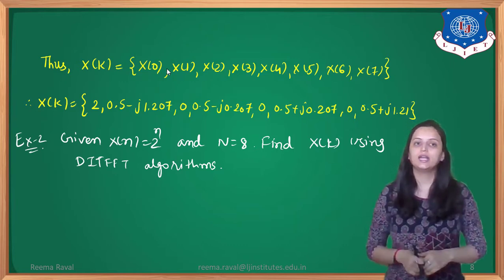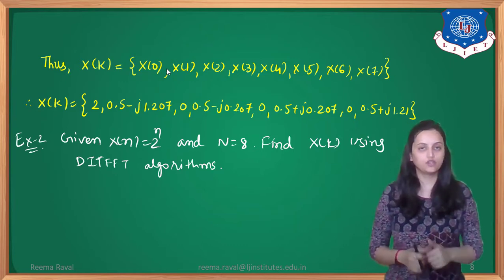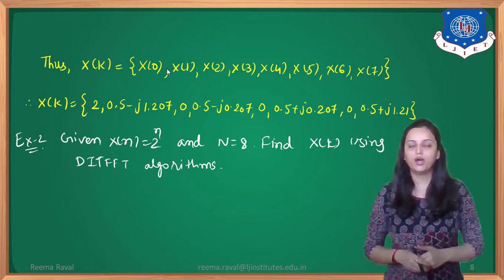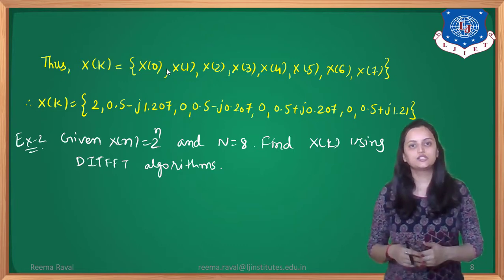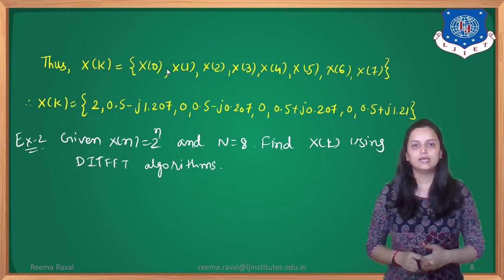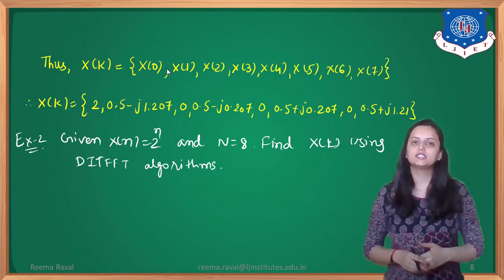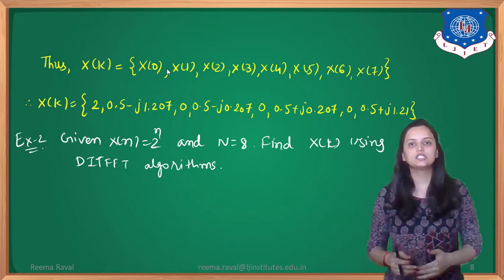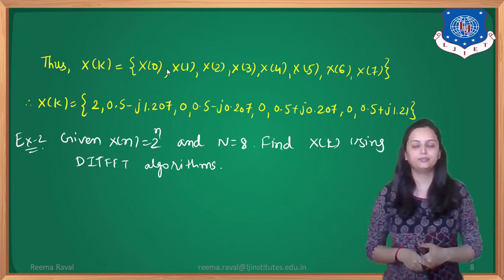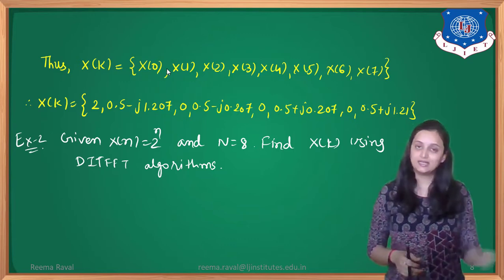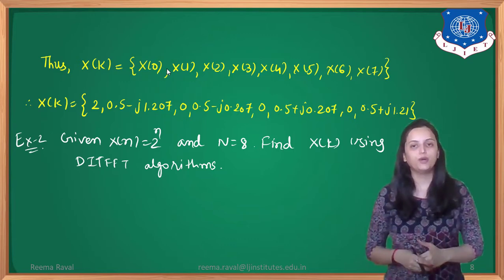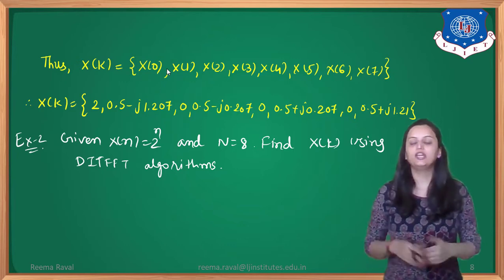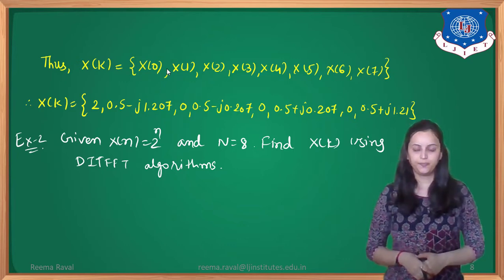So in this case, x of k equals: first value x of 0, which is 2, x of 1 is 0.5 minus j 1.207, then x of 2 is 0, x of 3 is 0.5 minus j 0.207, next is 0, then next is 0.5 plus j 0.207, next is 0, and the last value is 0.5 plus j 1.2. So these are the 8-point DFT outputs for the given data.